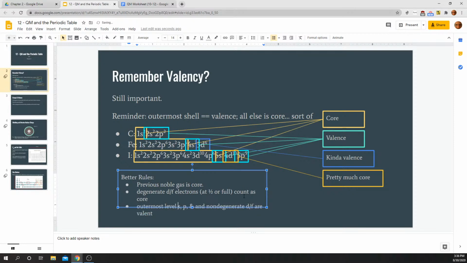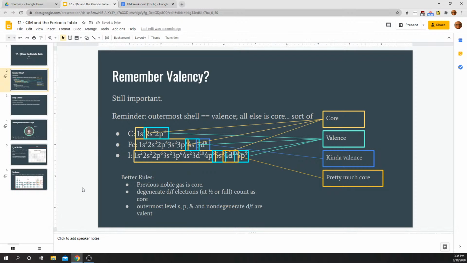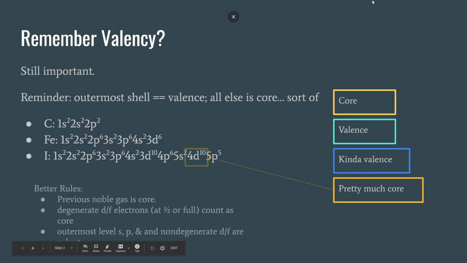So when you have s and p electrons in the outermost level, they're always going to be valent, and non-degenerate d and f, any electron in d or f that is not part of a half full or completely full level, are going to be valence electrons as well. The more degenerate they are, the more reluctant they are to participate in chemical reactions.